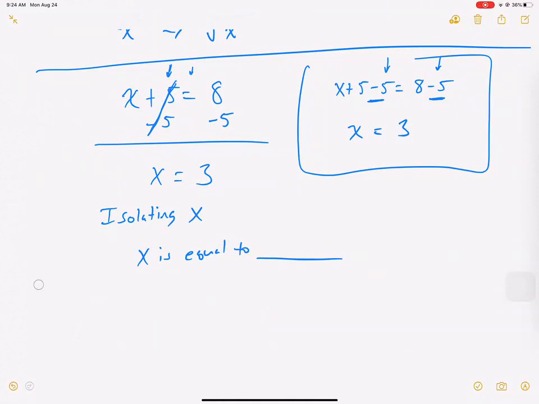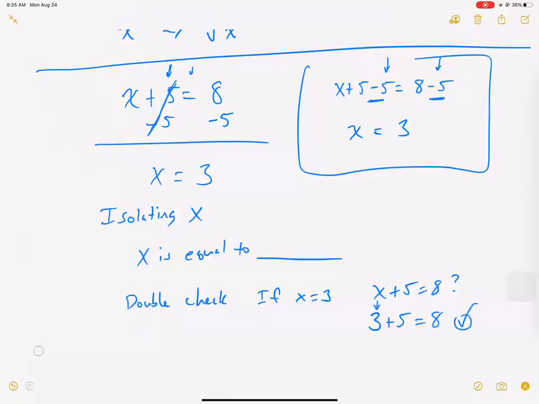We can double check. If x is 3, is x plus 5 equal to 8? Well, if x is 3, then 3 plus 5 is 8, and that is absolutely correct.